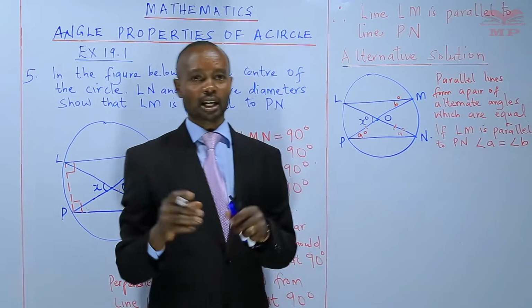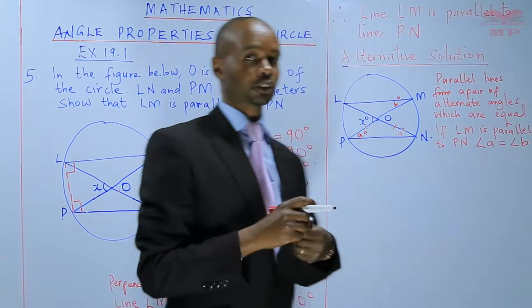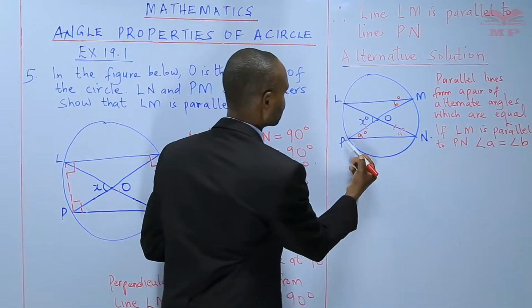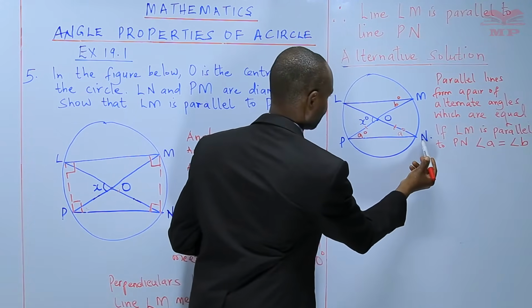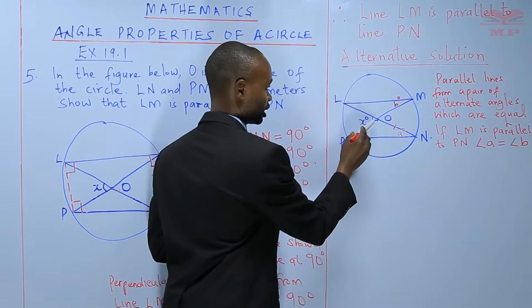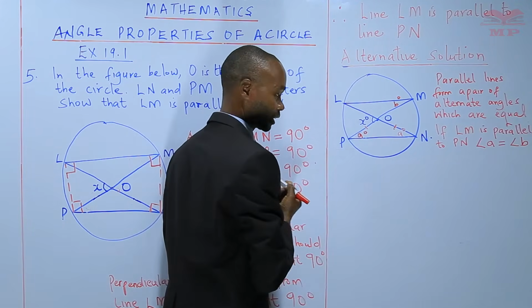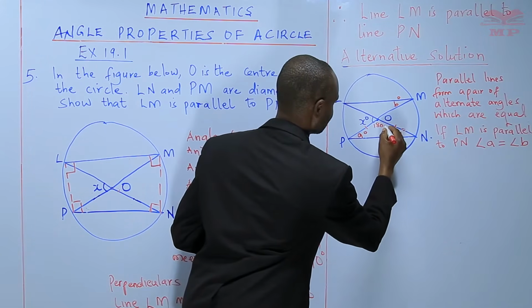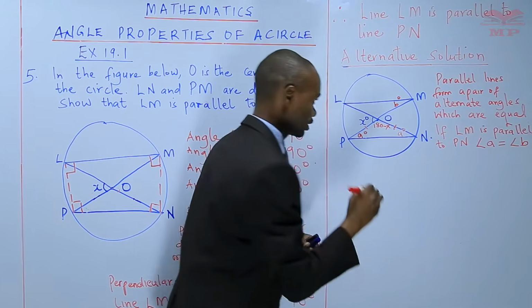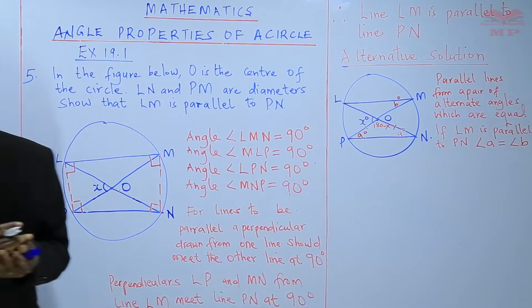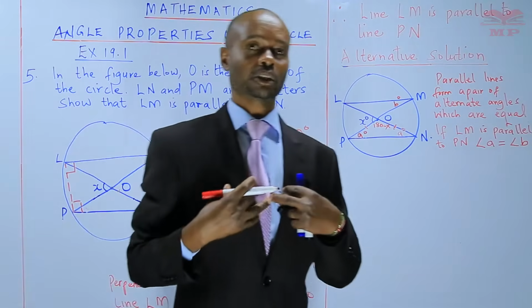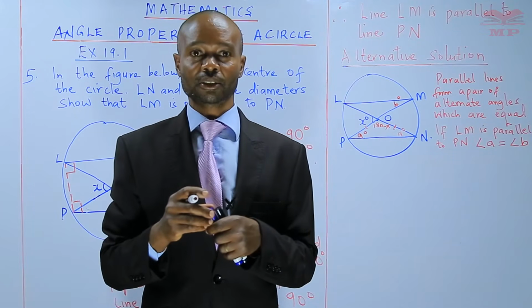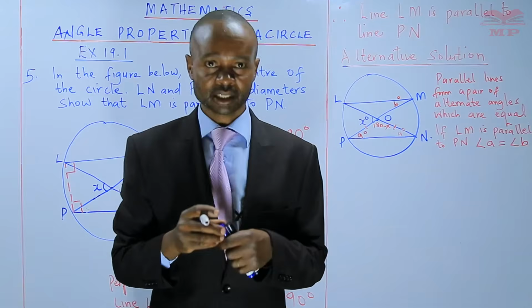There is another angle in the isosceles triangle which we've not got, but x will help us to get that angle. That angle is PON. Given that x added to that angle gives 180, therefore the value of PON will be 180 minus x degrees. So we'll go back to the concept that the three angles in a triangle add up to 180 degrees.